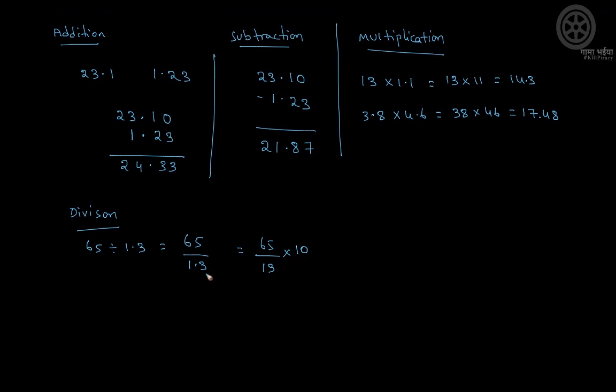If you have two decimal places, as in 1.32, then you need to remove the decimal and multiply by 100. This is the way you need to do it with decimals.